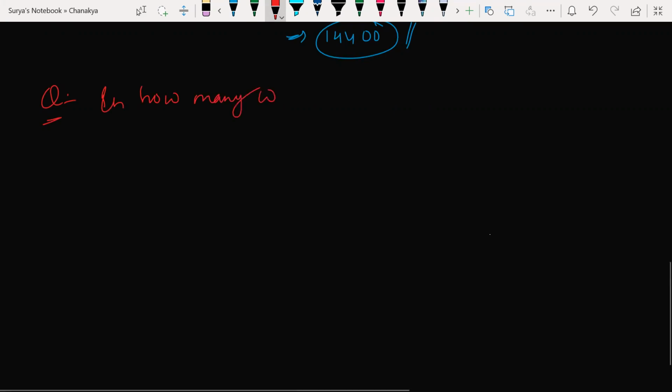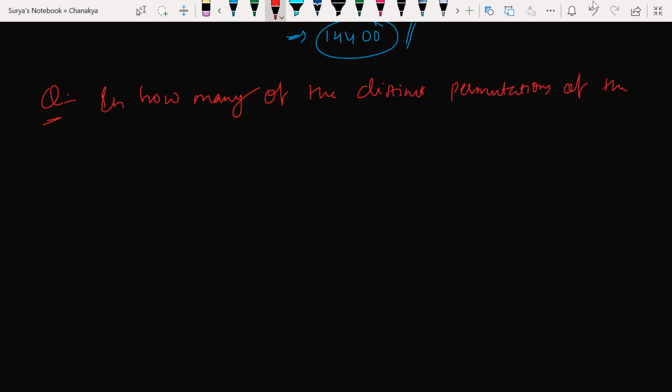In how many of the distinct permutations of the letters of Mississippi do the 4 i's not come together?